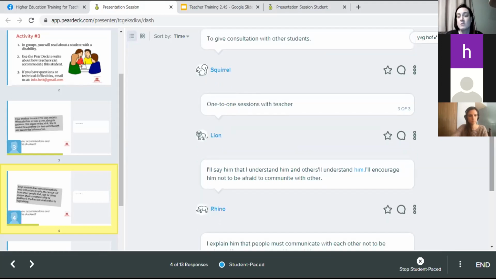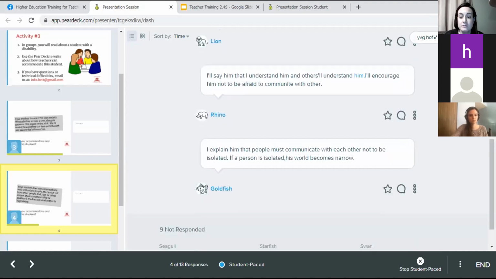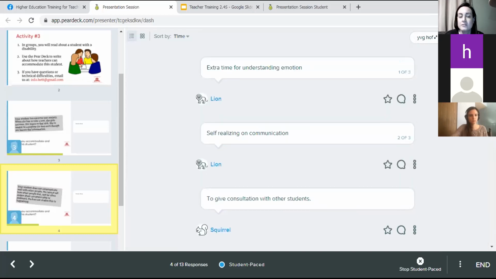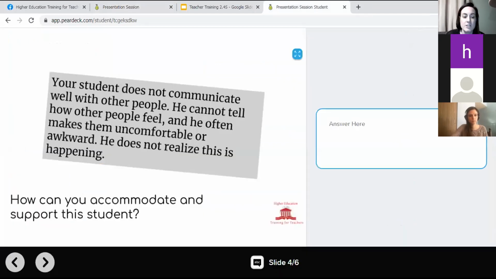Maybe give them some one-on-one time to talk to the teacher. Yeah, just encourage him. So probably some one-on-one time, and then encourage him, and then maybe also talk to some of the other classmates might be the best way of handling that type of situation.